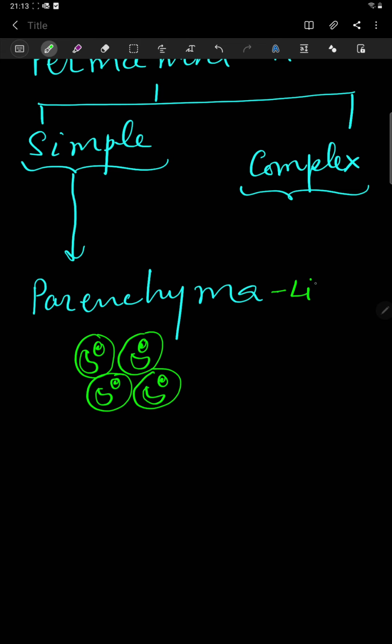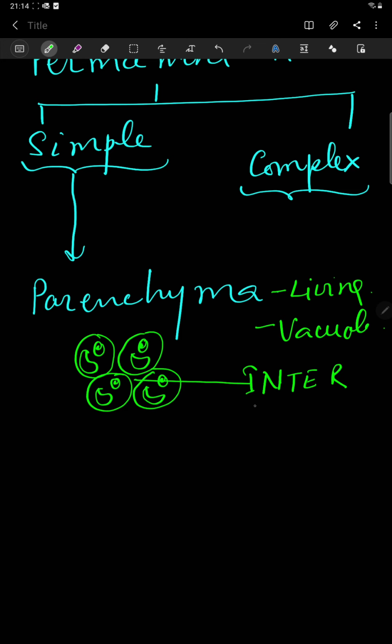Going to write down the character: living. Nucleus present and cytoplasm present, vacuole present, and you can observe that intercellular space is present.